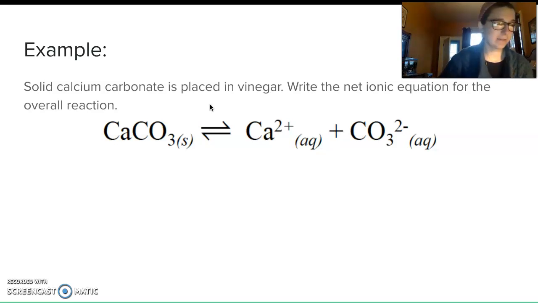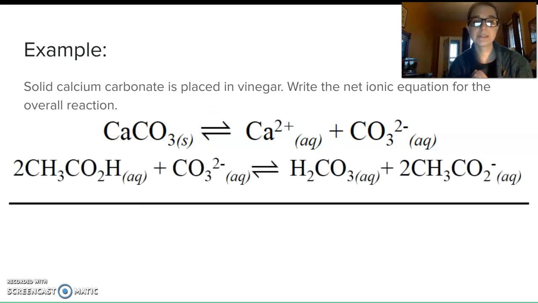If it is placed in vinegar, that's acetic acid, so I have the acetate ion with H. So I have 2 CH3CO2H plus CO3 2-, and I know I have 2 moles of those acid molecules because I have a 2- charge on the carbonate ion.